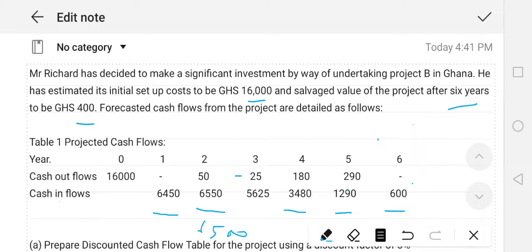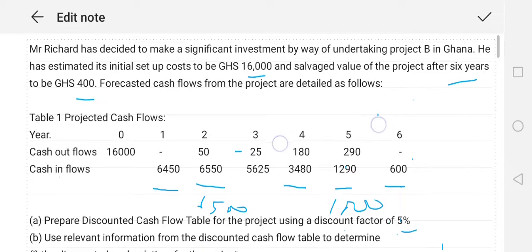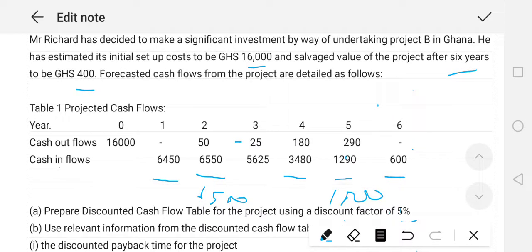If it is an asset you're trying to buy, or let me assume it is a taxi you are trying to buy, after the taxi has given you all the cash flows and you have incurred all those outflows, then at the end of the 6th year there will be a salvage value, a remainder of 400, but it is expected to be sold. So that 400, if it is sold at the end of the 6th year, you would receive it as an inflow.